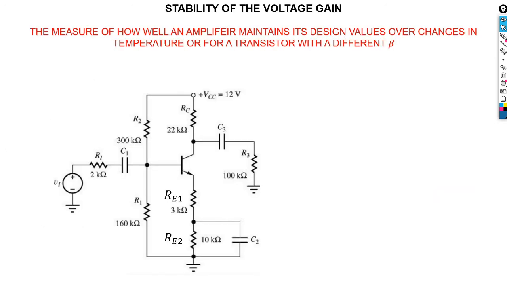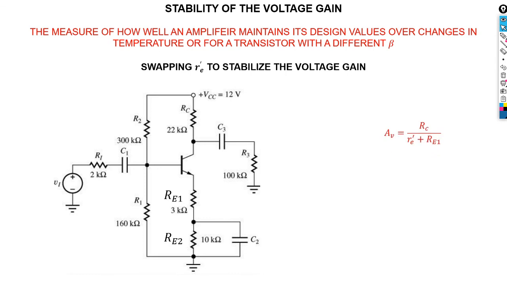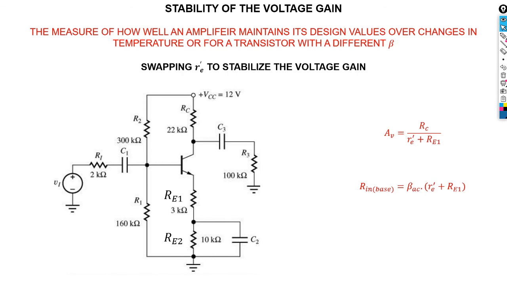And therefore, we're gonna have a look at the stability of the voltage gain. It is the measurement of how well an amplifier maintains its design value over the change in temperature for the transistor. To do that, we need to swamp RE to stabilize the voltage gain. How do we do that? So we can see that's basically what happens.